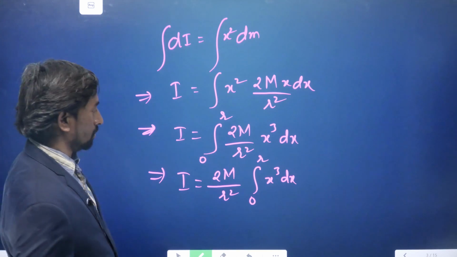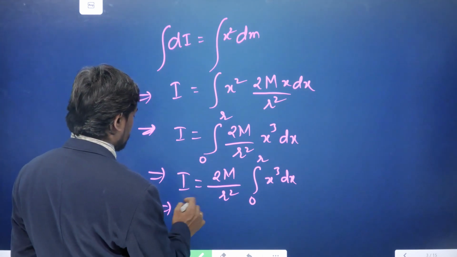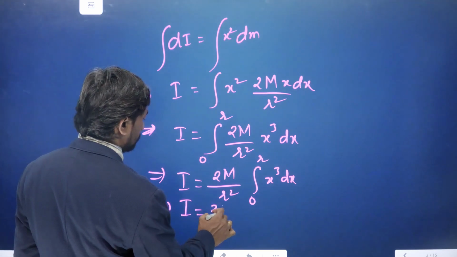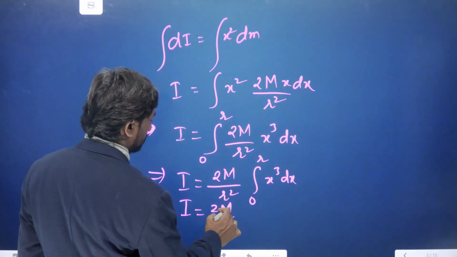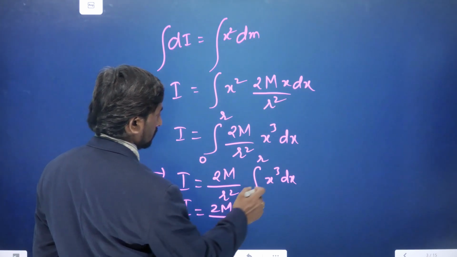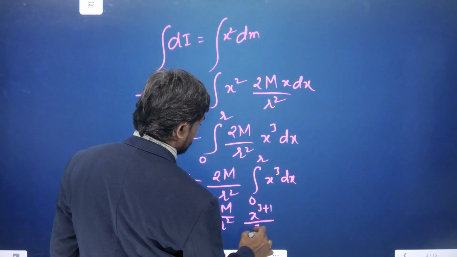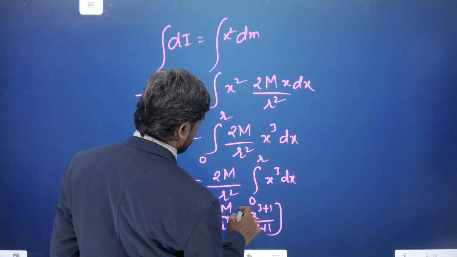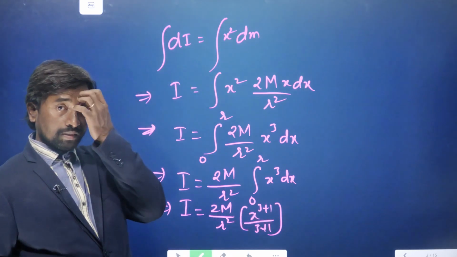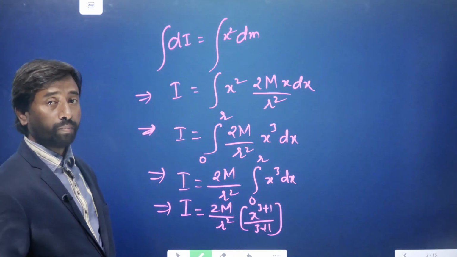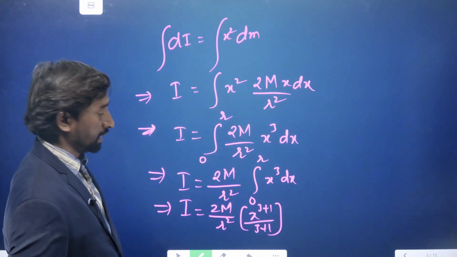So now I is equal to 2M divided by R square. The integral of x power n dx formula is x power n plus 1 divided by n plus 1.